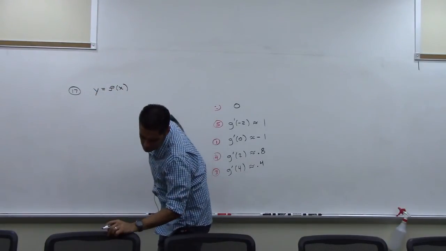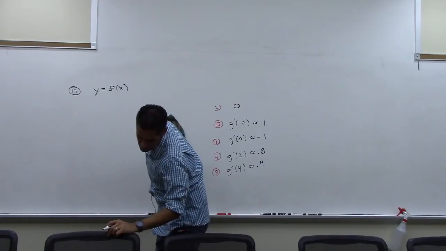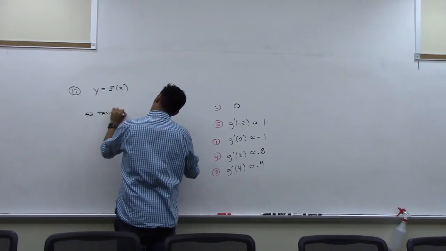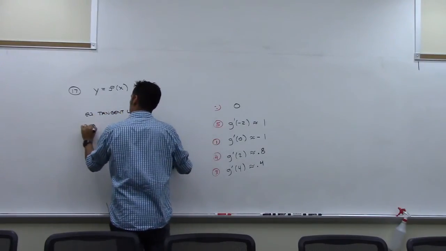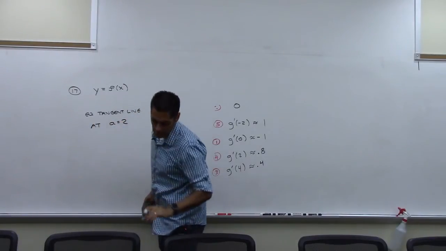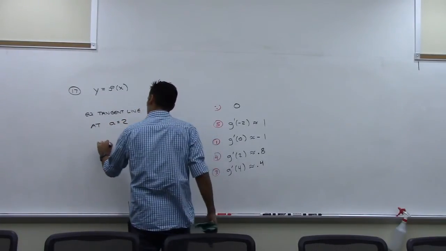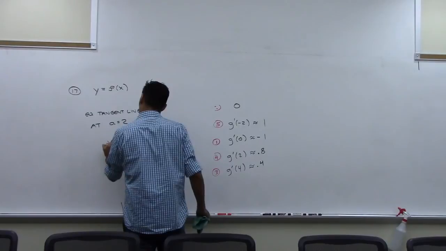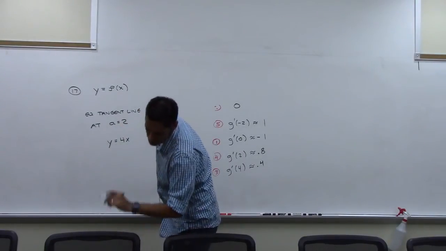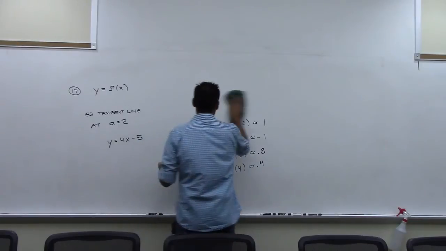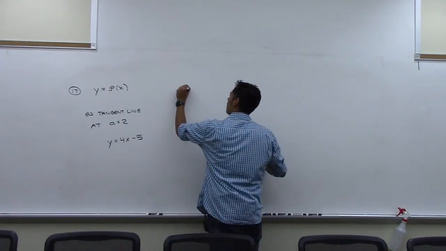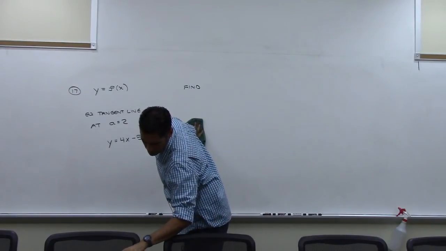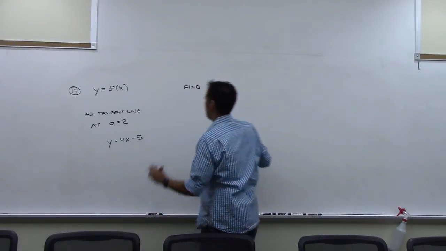And they're telling you that the equation of the tangent line at a equals 2 is y equals 4x minus 5. They want you to find f of 2 and f prime of 2.